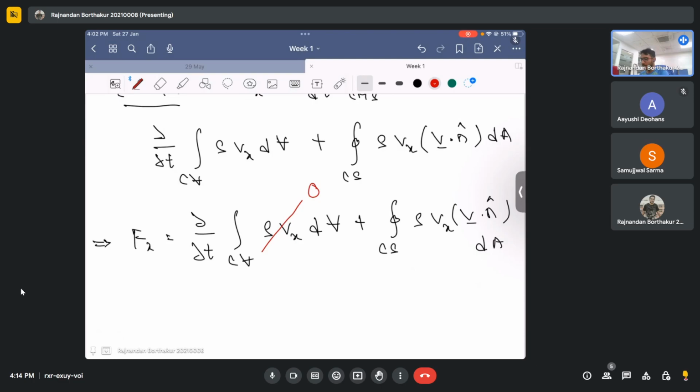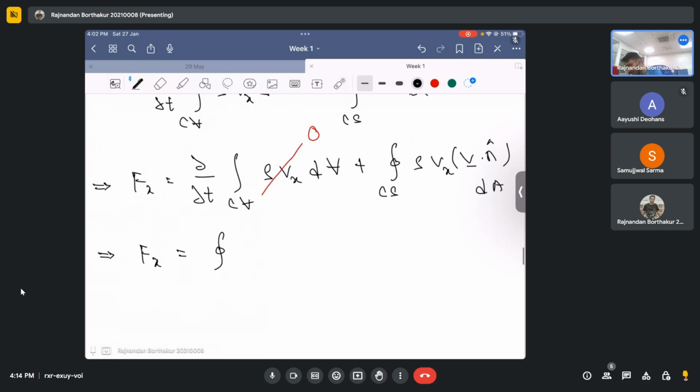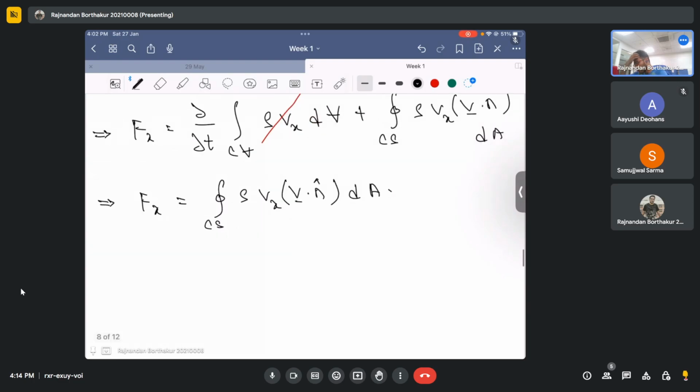Why? Because the cart control volume doesn't change with time. So the force in x direction would just be the control surface integral of rho Vx times V dot n cap dA.